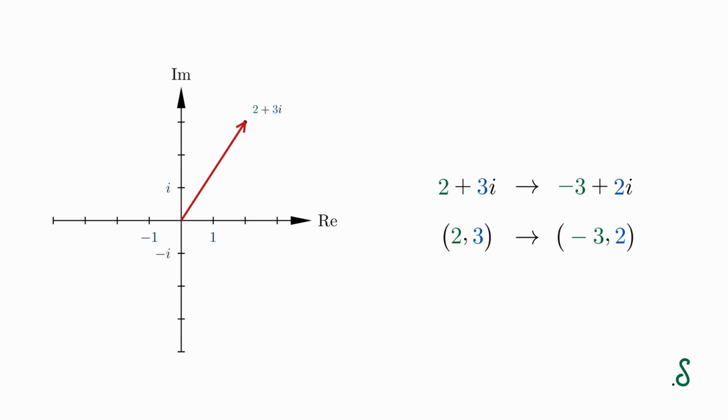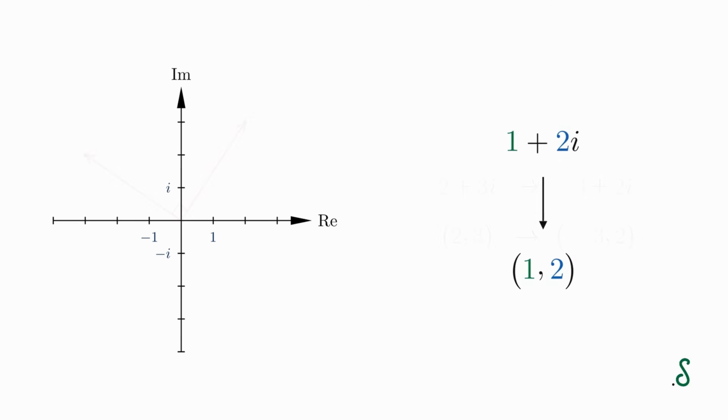And here's where things get interesting. Now consider the vector (2, 3) and rotate it 90 degrees anticlockwise. Where does it land? Exactly at (-3, 2). So that means multiplying by i has just rotated our vector by 90 degrees. But perhaps this is just a coincidence. Maybe it only worked for 2 plus 3i. So let's take another number.